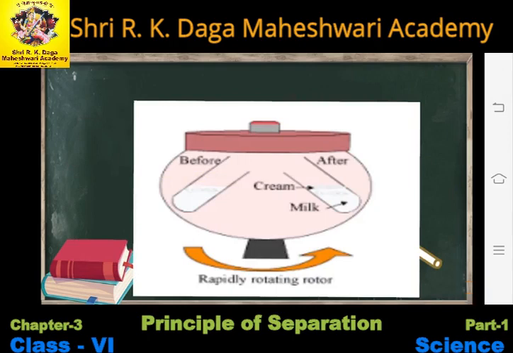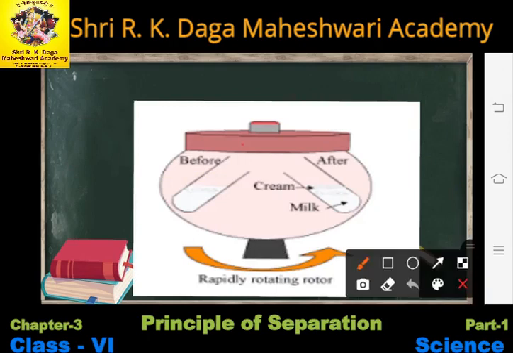Yeah, you can see in the picture also that this is a machine. This is a machine, right? It rotates with so high speed. Here is the arrow which shows that the machine will get rotate with so high speed. And if it rotates with so high speed, then what will happen? Here is the mixture, right, in which milk and cream both are together.